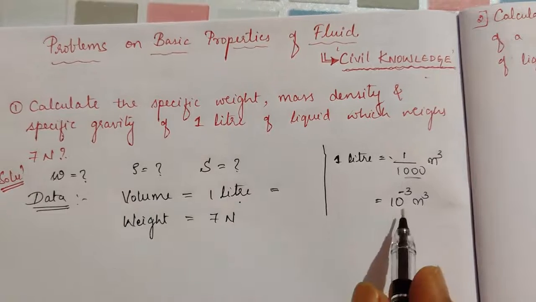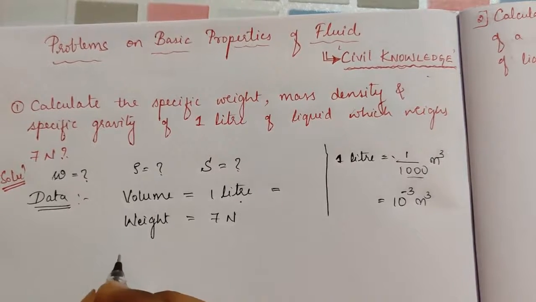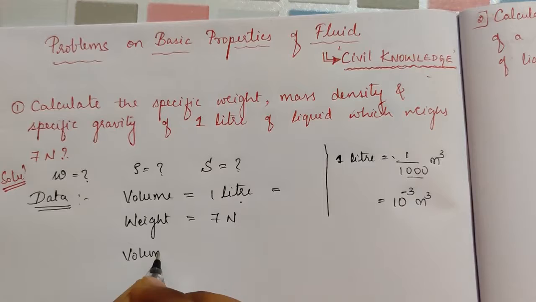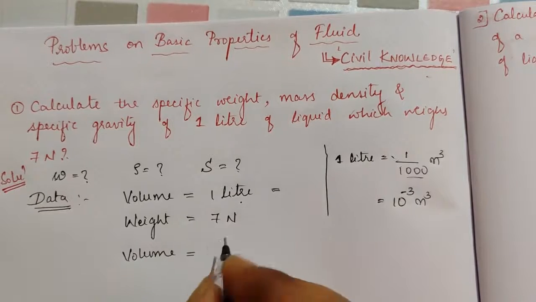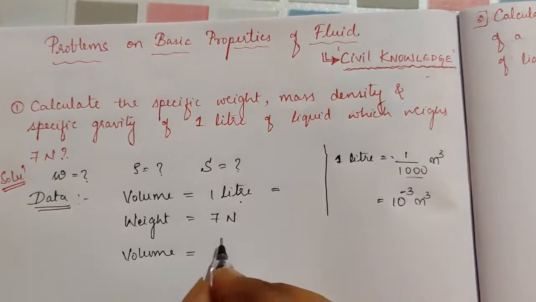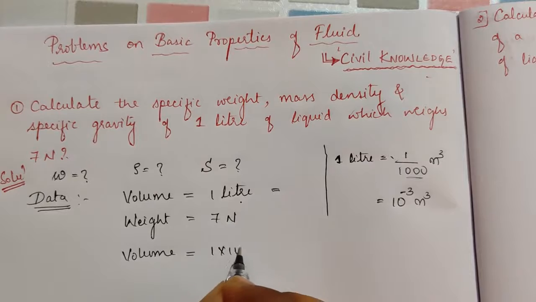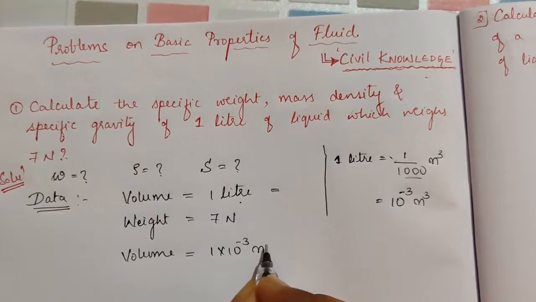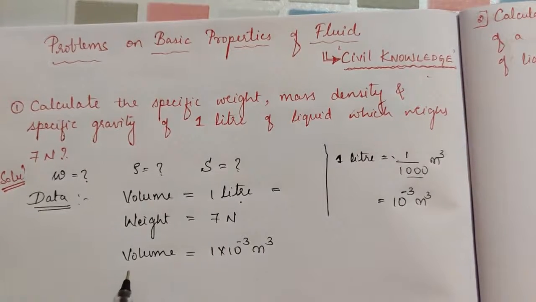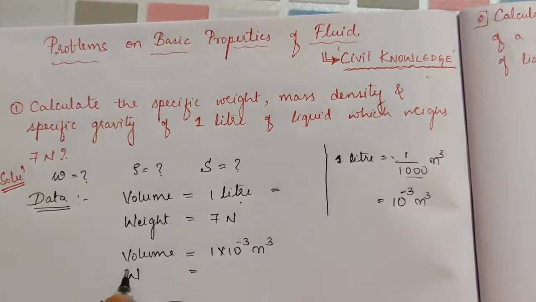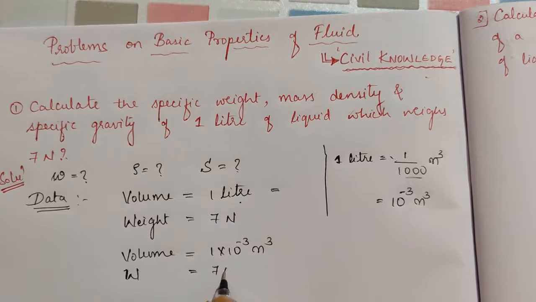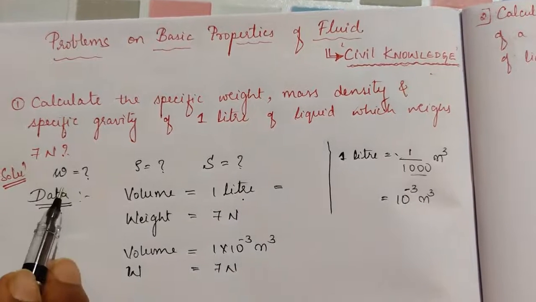So the volume will become 1 into 10 power minus 3 meter cube, and we also know the weight. The weight is, so capital W, the weight is 7 Newton.